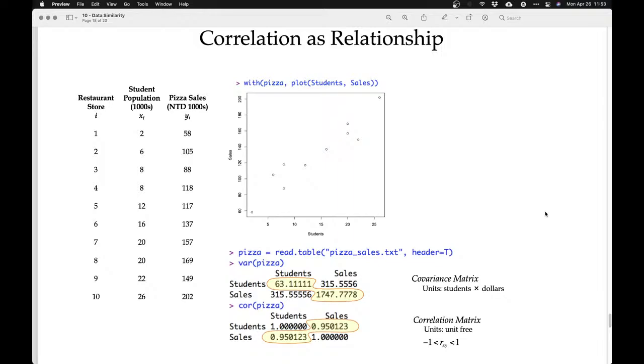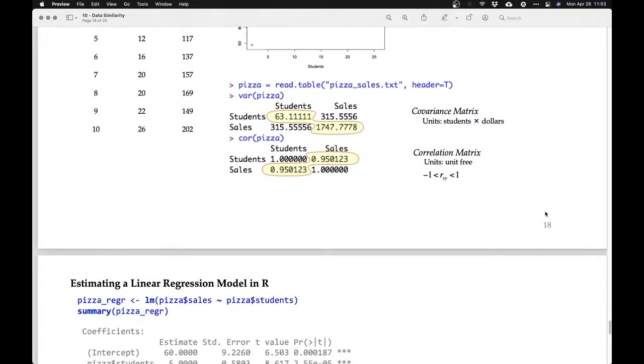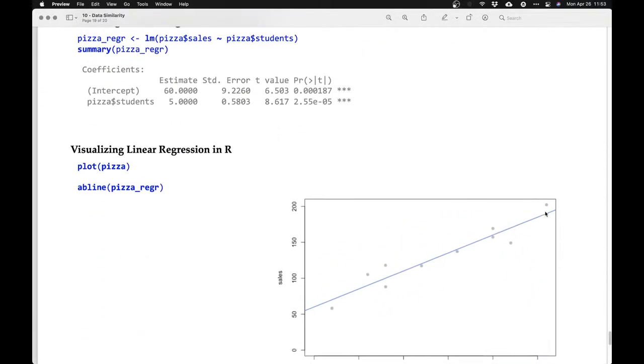Correlation is another. It's also a cosine of mean-centered vectors. There are many other ways, but there's yet another way of describing the relationship between two or more values, and that's regression.